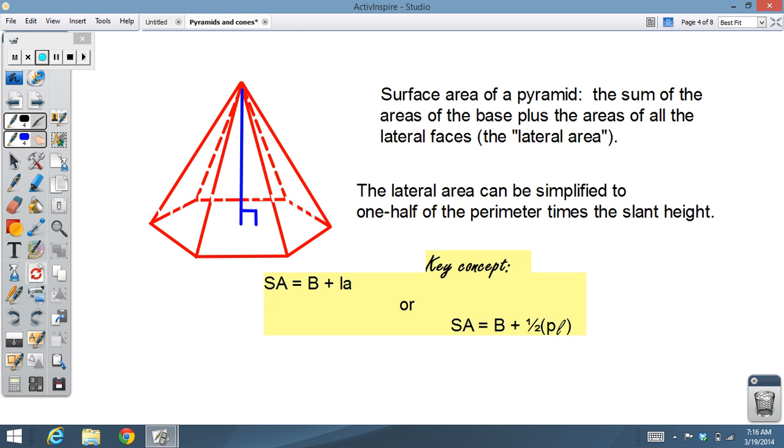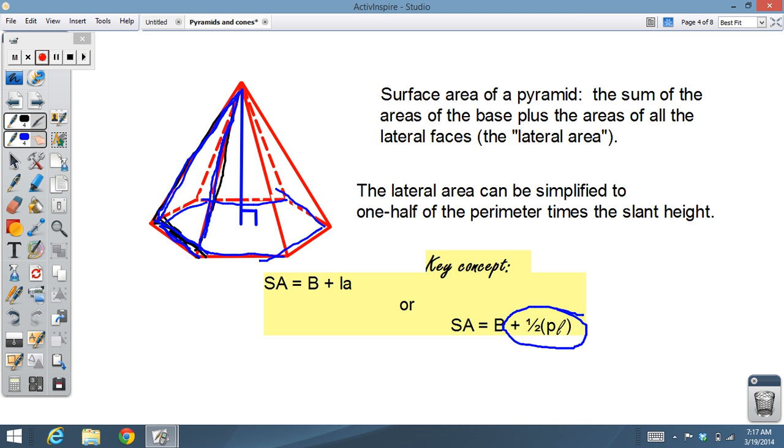We've got triangles that are all formed with the base being the side, and we're talking about a regular hexagon here, so all of these triangles are congruent. So we've got 6 of these triangles, and all of them have an area of 1/2 the base times the height. But when we add those 6 bases, we get the perimeter of the hexagon. So we can simplify the lateral area to be 1/2 of the perimeter times the slant height.